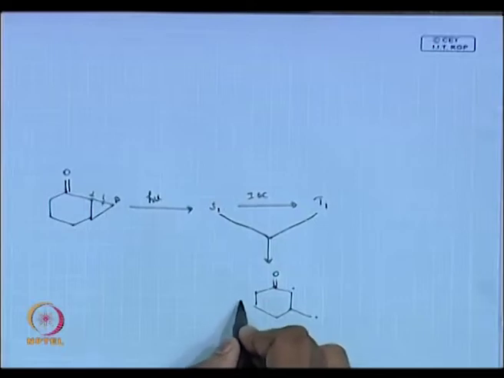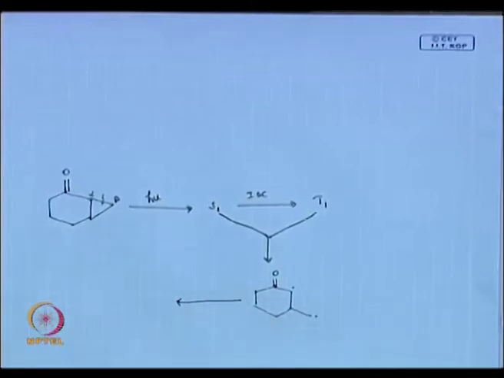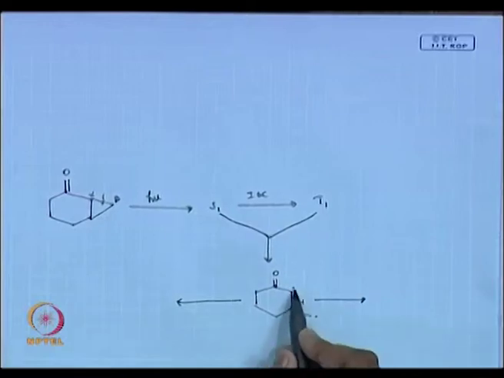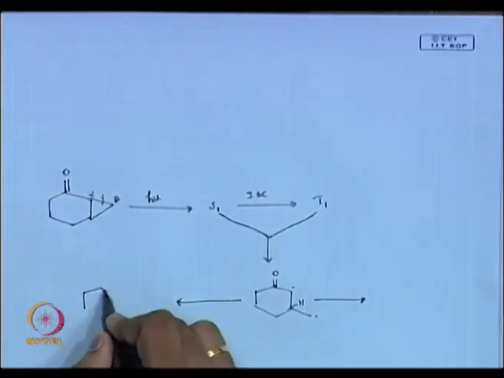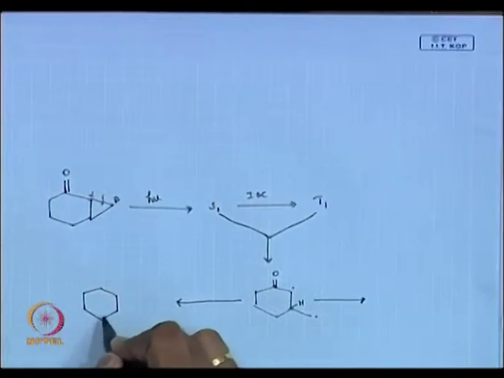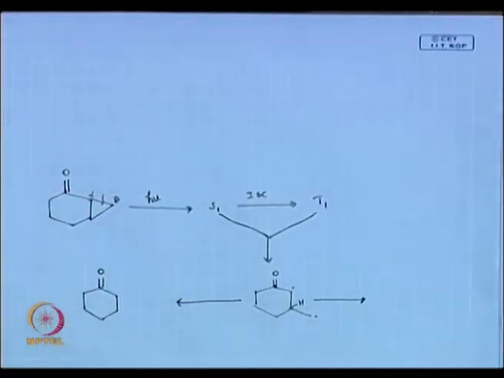So, from this I can write two products. You have a hydrogen here, okay. I can shift it in this direction to get an alkene like this. See, first we will write all these products, then we will decide which will be formed more or not.